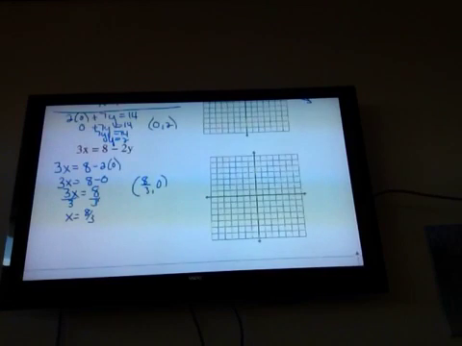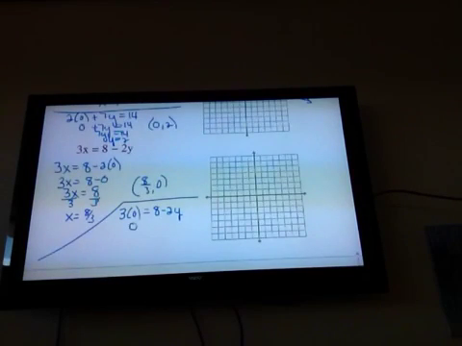And then let's put 0 in for x. Three times 0 equals 8 minus 2y. Three times 0 is 0 equals 8 minus 2y. Solving for y, so one of those needs to move.